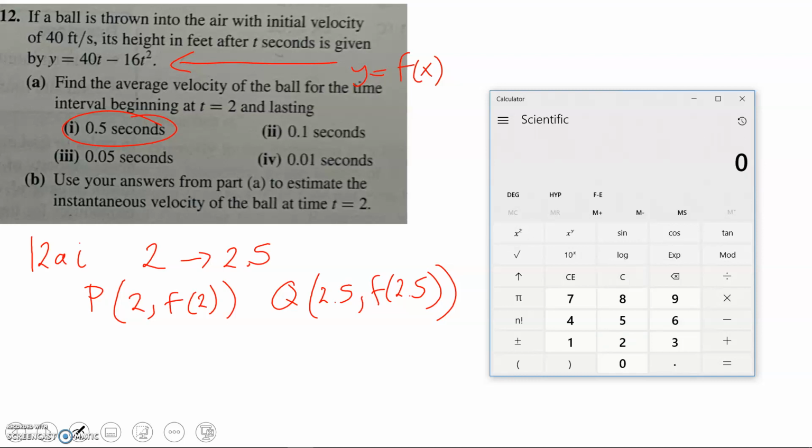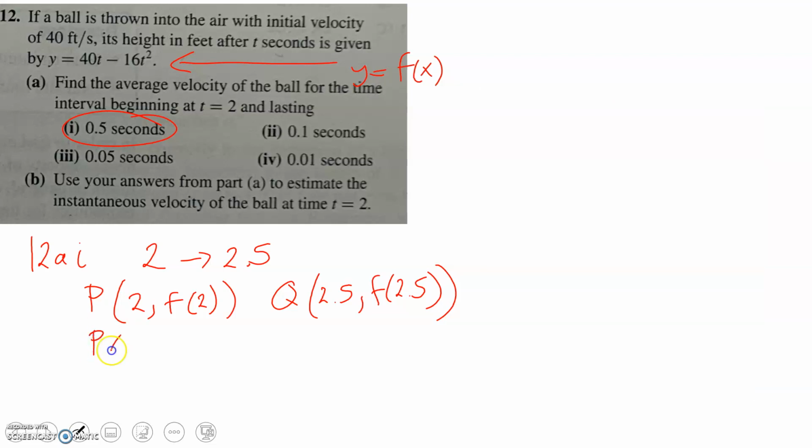Let me try that again, the order of operations came out wrong. So 40 times 2 minus 16 times 4, because 2 squared is 4. So we know that f of 2 is in fact 16. So our point P is at 2, 16, and we get that simply by replacing t with 2.